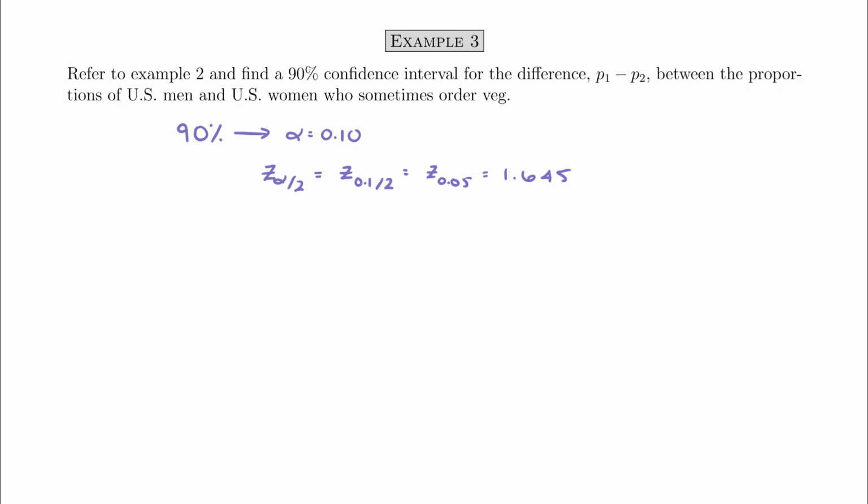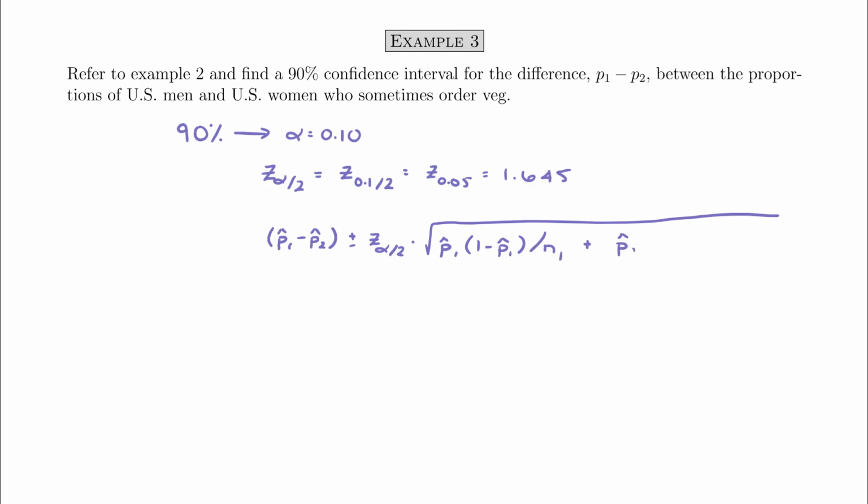So the endpoints are found by taking p hat sub 1 minus p hat sub 2 plus or minus z sub alpha over 2 times the square root of p hat sub 1, and we're just going to substitute in our values.